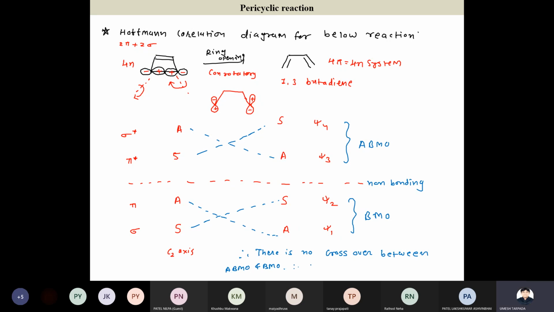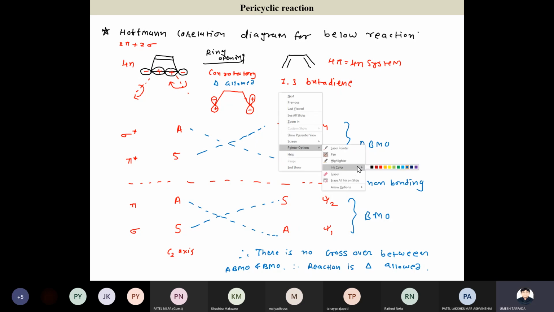Therefore, the reaction is thermally allowed. You write down here: reaction is thermally allowed, there is no crossover. If crossover occurs, it is photochemically allowed.